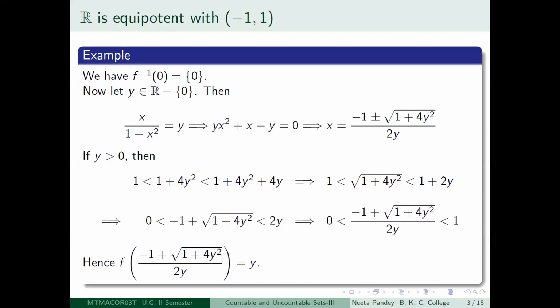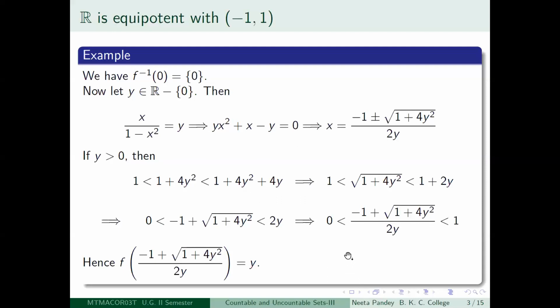We first add a minus 1 to this inequality. What do we get? 0 less than minus 1 plus square root of 1 plus 4y squared is less than 2y. And then you divide this whole inequality by 2y. Since y is positive, 2y is also positive, so the inequality will not change, and you will get 0 less than (minus 1 plus square root of 1 plus 4y squared) by 2y less than 1.